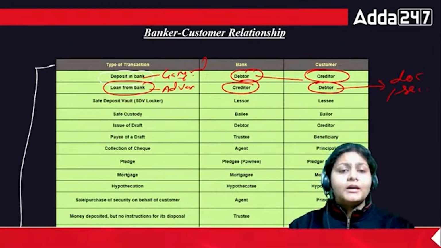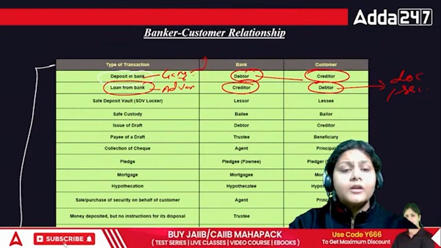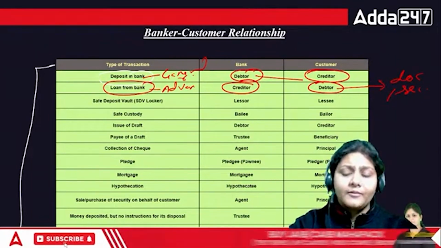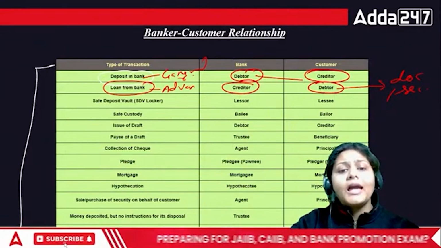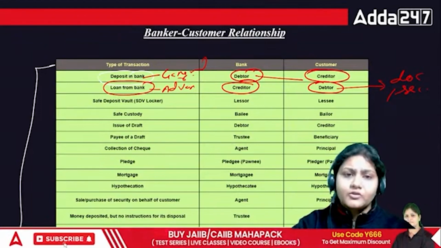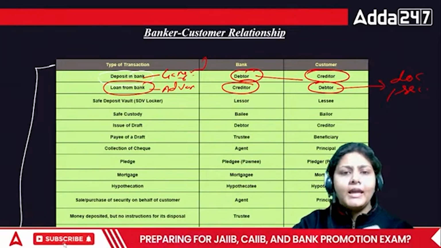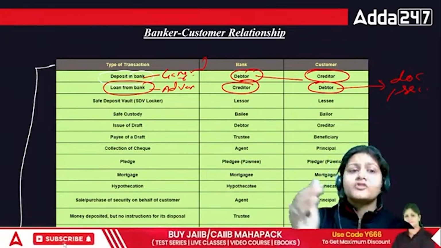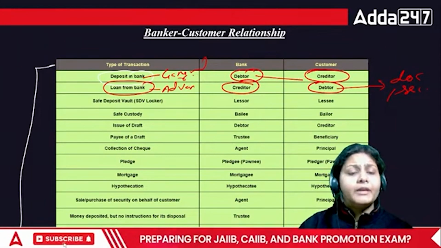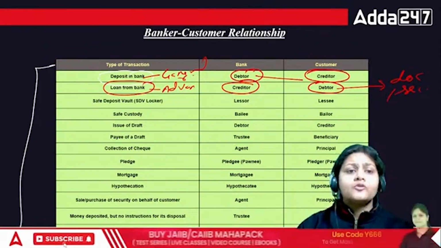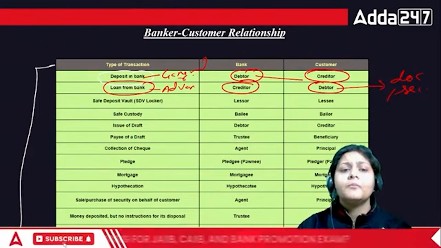Now there is a third relationship, that of trustee and beneficiary. According to the Indian Trust Act 1882, the relationship between the bank and customer is based on trust. Whenever the bank receives any valuable asset or document as security in exchange for the loan it provides, say I am the customer and PNB bank is providing me the loan, the PNB bank receives some valuable asset or document from my side.